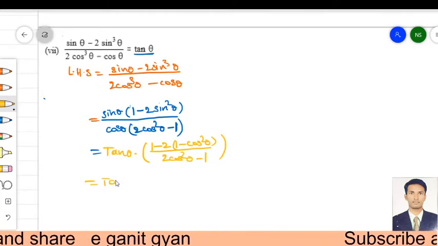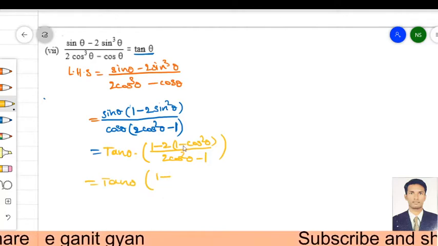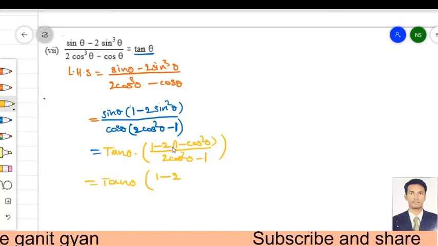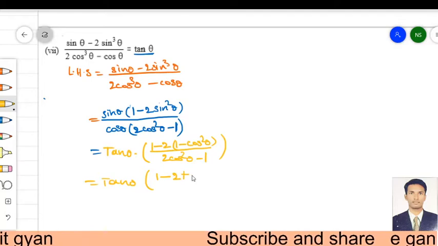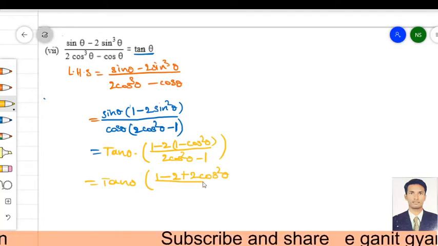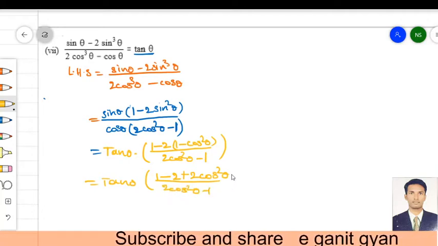Now this tan theta as it is we can write, and 1 minus, sending the minus 2 inside: minus 2 into 1 is minus 2, minus 2 into minus cos square theta is plus 2 cos square theta, divided by 2 cos square theta minus 1.